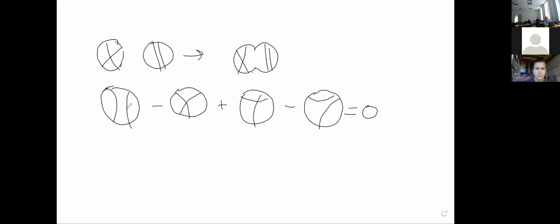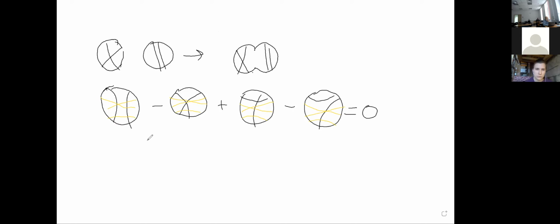Maybe here are some other chords, but they are all the same for all the four diagrams. Like this. And so modulo this relation, the multiplication is well defined.